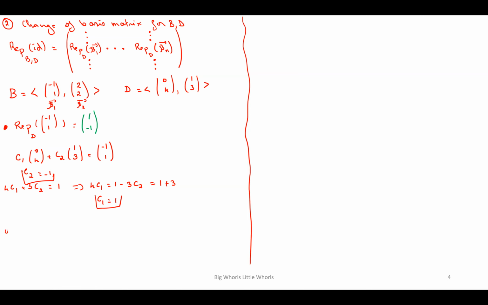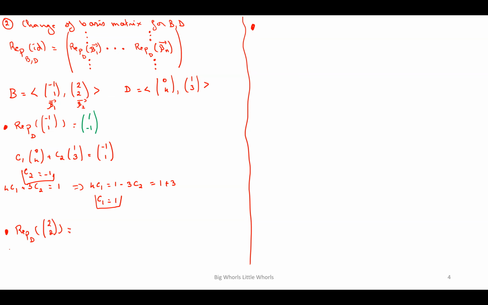Let me go here so that I can have no space. The representation with respect to basis D of the second element of B, which is (2, 2).